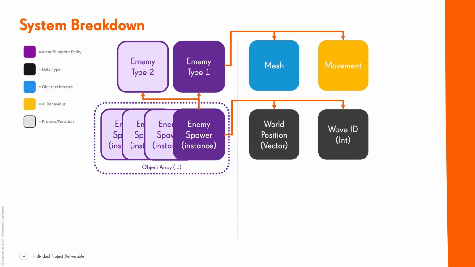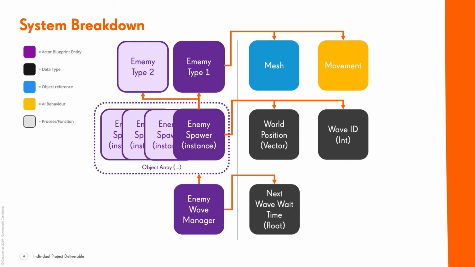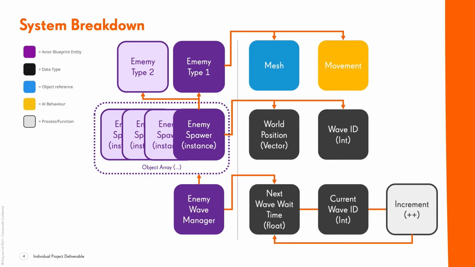So this is essentially a contained array that the enemy wave manager sees and communicates with. It also has a configurable float, which is the time in seconds until the next wave is spawned, and it contains a storage integer of the current wave ID.